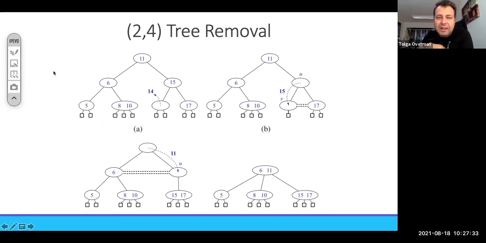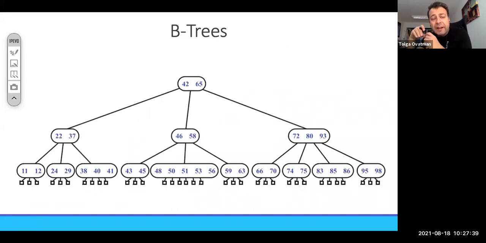Okay, so if you do it in a heuristic way, like what we have done right now, it's a multi-way search tree. When you define a rule for this, your tree doesn't have to be a 2-4 tree. For example, if you look at this one, it might hold up to at most 5 numbers in here, but you define some rule that, well, at least 20% of my nodes should be full.